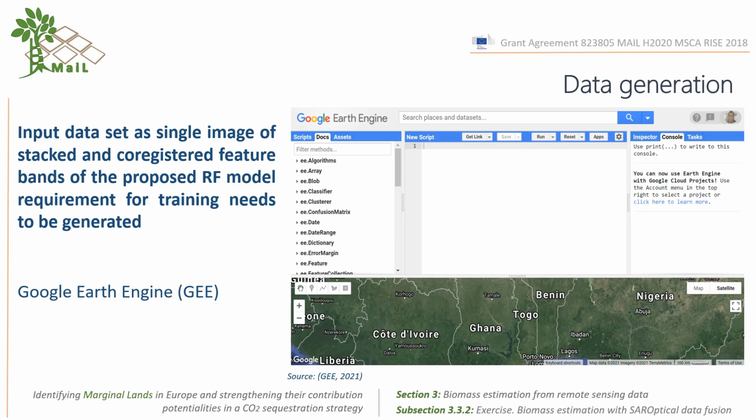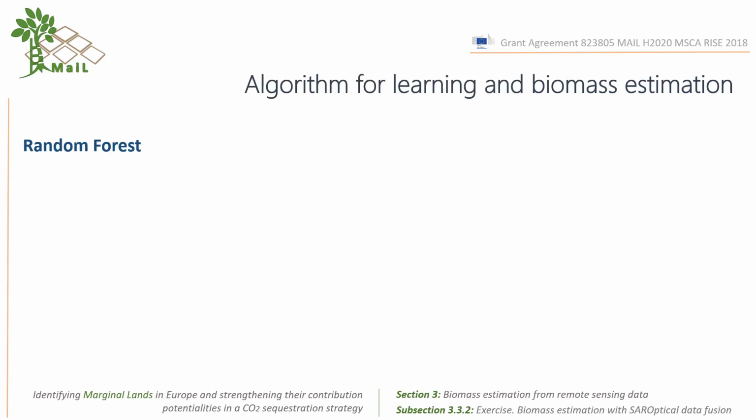The synergistic combination of data from multiple sensors will provide a more reliable and accurate estimate, as established by the literature. Python can be used to create the random forest regression model to consume the NumPy array from the GEE output. Random forest regressor is a supervised machine learning algorithm formed of decision trees, as shown on the diagram.